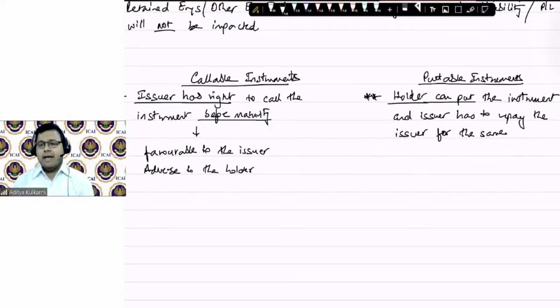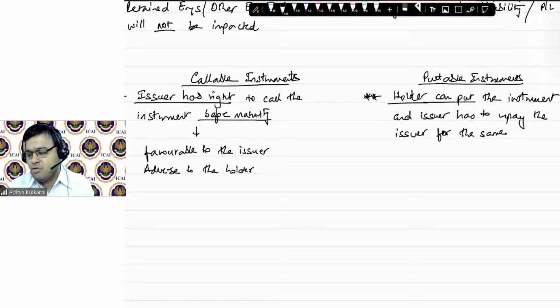Example, an open-ended mutual fund. What is a mutual fund? We are holding units in mutual funds. When we want to sell, what do we do? We have the instrument with us. We go to the mutual fund asset management company, and we say, I'm putting these instruments to you. Please buy them back from us. So we make a claim for redemption, and they are obligated to pay us back.